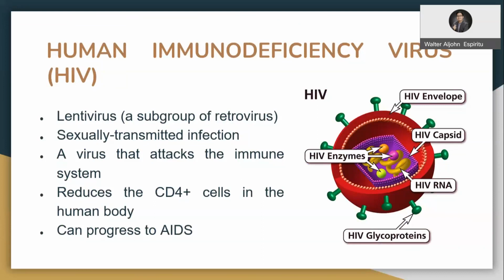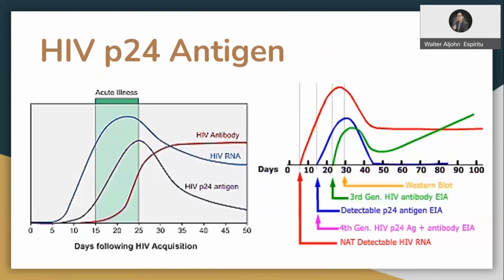Here is the photo of HIV together with the capsid, the envelope, the RNA, the glycoproteins, as well as the retroenzymes.